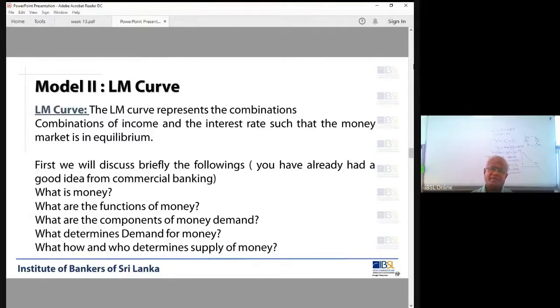The central bank can determine the supply of money by changing the policy rates under its purview: the cost of money, interest rate, the repo, reverse repo, bank rate, and reserve ratio. They can influence the stock of money in the country.